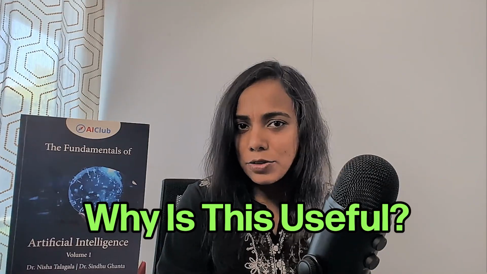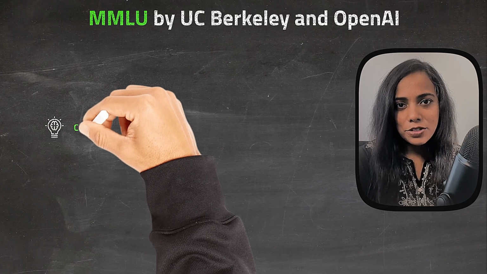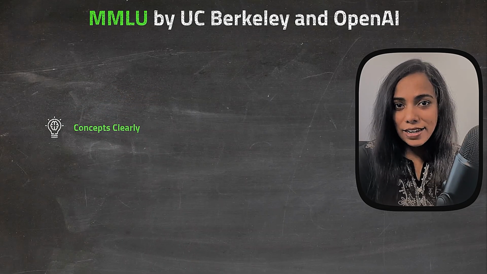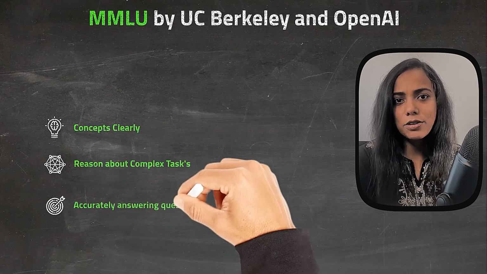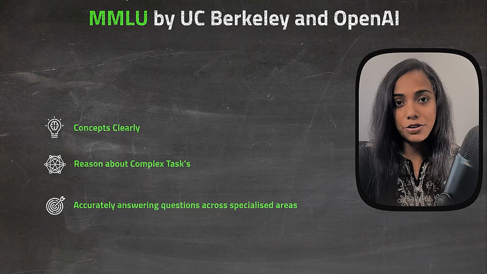Now, why is this useful? In real-world applications, AI isn't limited to basic reading comprehension. We expect LLMs to help explain concepts clearly, reason about complex tasks, and accurately answer questions across specialized areas. So MMLU lets organizations measure exactly how well the LLM performs in handling very domain-specific questions that require true understanding rather than memorization.